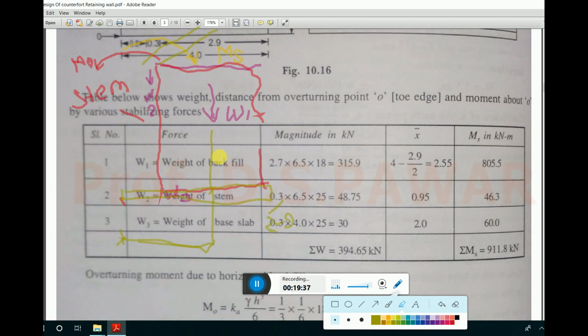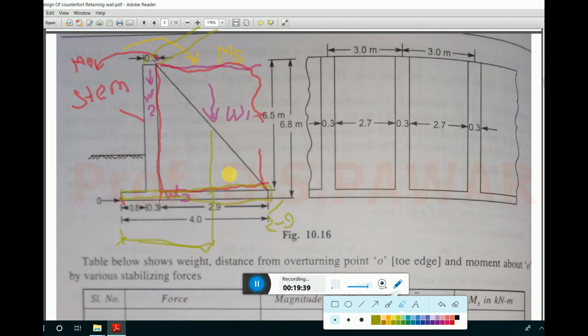So due to all the forces, or all the weights, we have calculated the various forces: due to soil embankment, due to self weight of stem, and due to self weight of base slab.